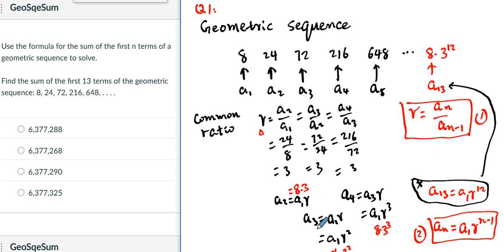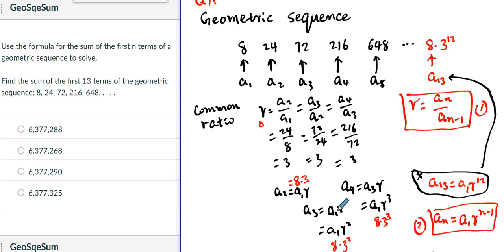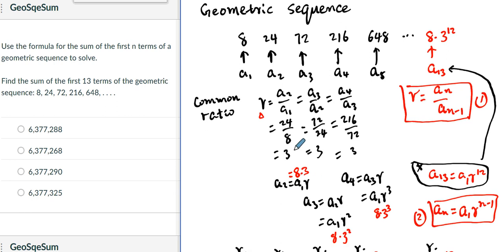And then the third term, 72, is 24 times 3, the second term multiplied by 3. And the second term again was obtained by the first term times 3.